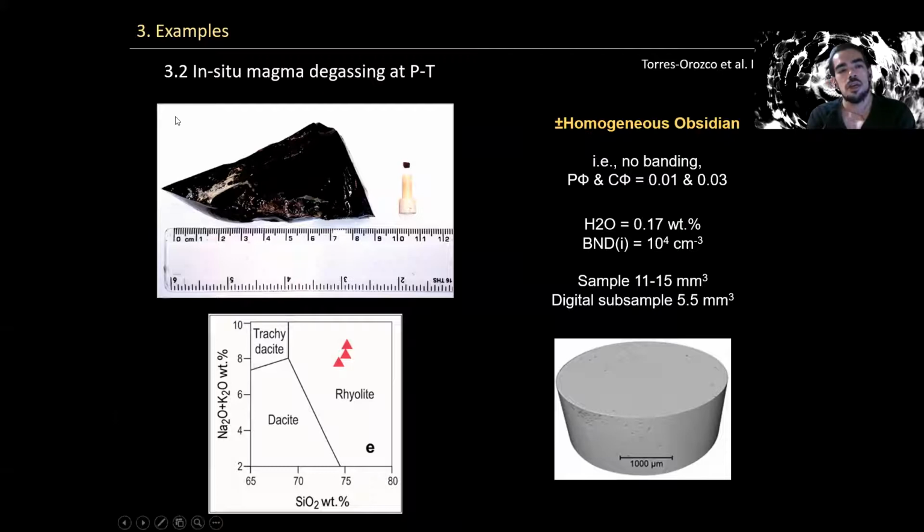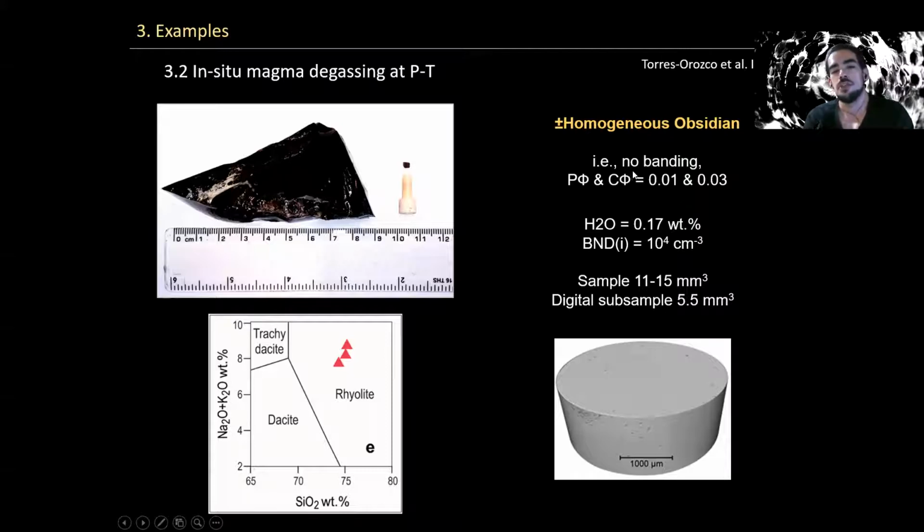This is an experiment of in situ magma degassing at pressure and temperature. This is our starting material, which is an obsidian, more or less homogeneous, of rhyolitic composition. We picked this small piece of the obsidian to start our experiments, but before we core this small sample, we need to make sure that the obsidian is actually homogeneous.